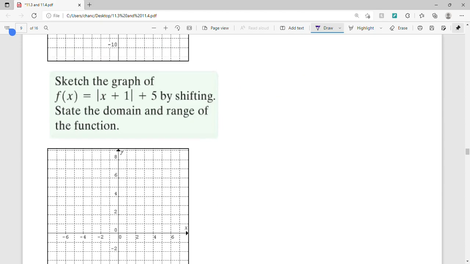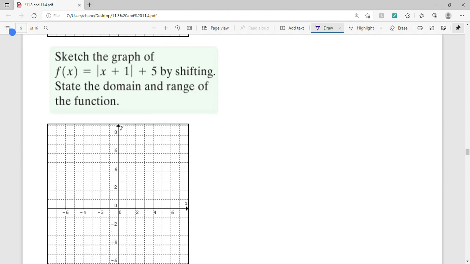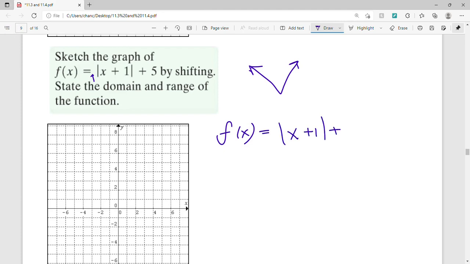Let's try another graph. This has a leading coefficient that is also positive, so it's going to look like a V facing up. The h, we have to be careful. This is where a lot of students make the mistake and tell me h is +1. That's not true. If you were to rewrite this, it's x minus negative 1, plus 5.